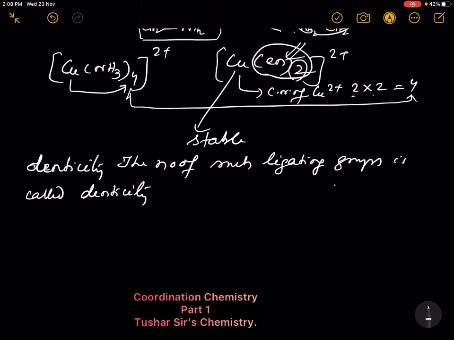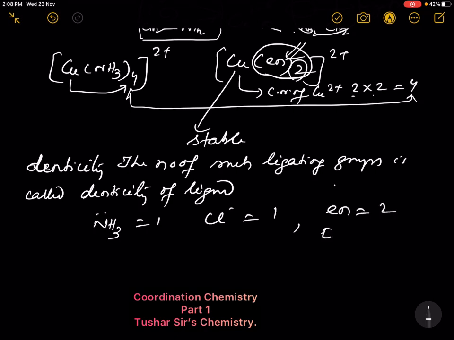In case of ammonia, the denticity is 1. In case of Cl minus, the denticity is 1. In case of en, the denticity is 2. In case of EDTA 4 minus, the denticity is 6.